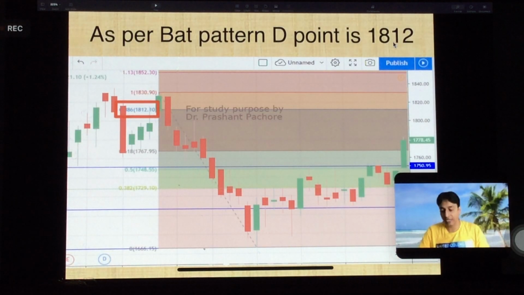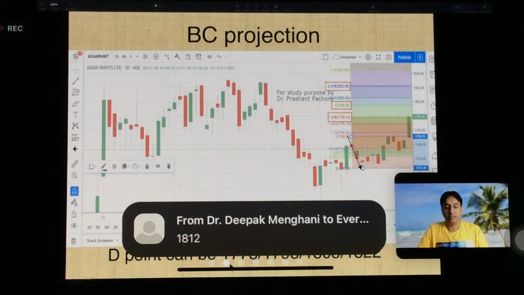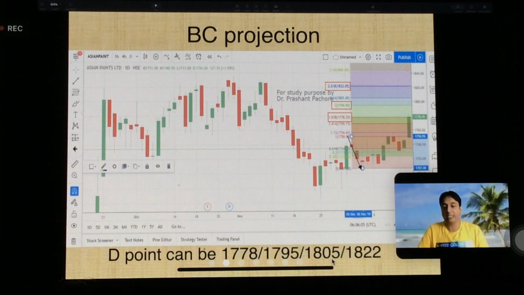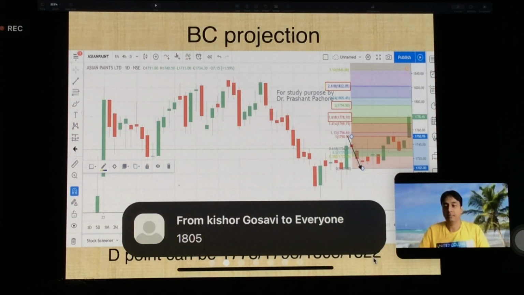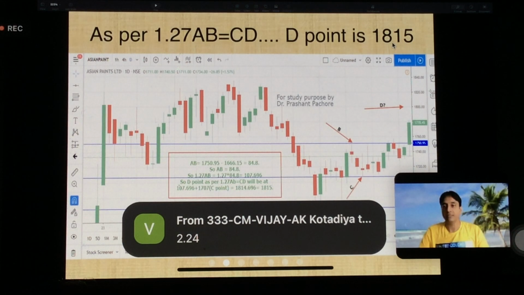It was 1812. So I have to just check which one is the nearest one. D point can be at 1778, 1795, 1805 and 1822. Right? Are you getting it? Any confusion in this?